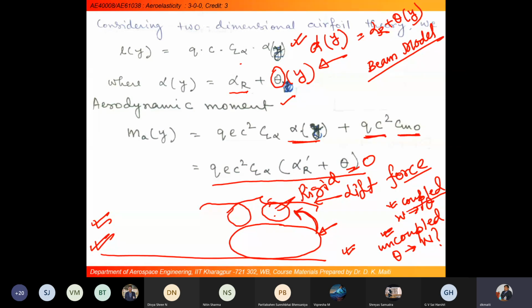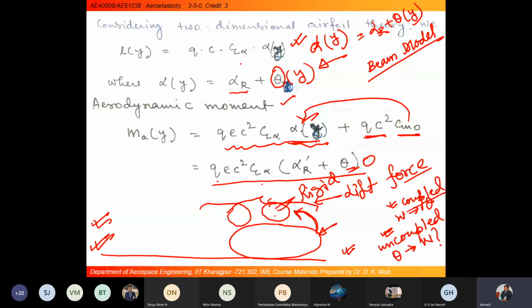This is the moment due to the eccentric lift force, because the lift force is not acting through the elastic axis, it is acting through the aerodynamic center or aerodynamic axis. Due to that eccentricity we get the moment q e c square cl alpha multiplied by alpha r prime plus theta.